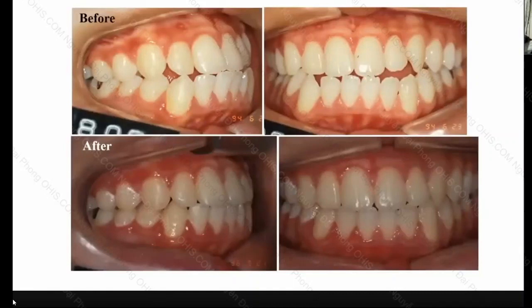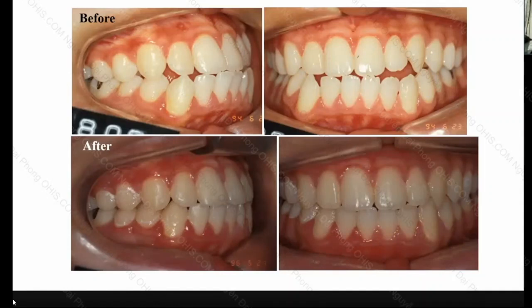So this case, I treated the same way, simply uprighting all these teeth, closing the anterior open bite and establishing this occlusion. Originally, this case was planned for right side condyle and joint reconstruction surgery.